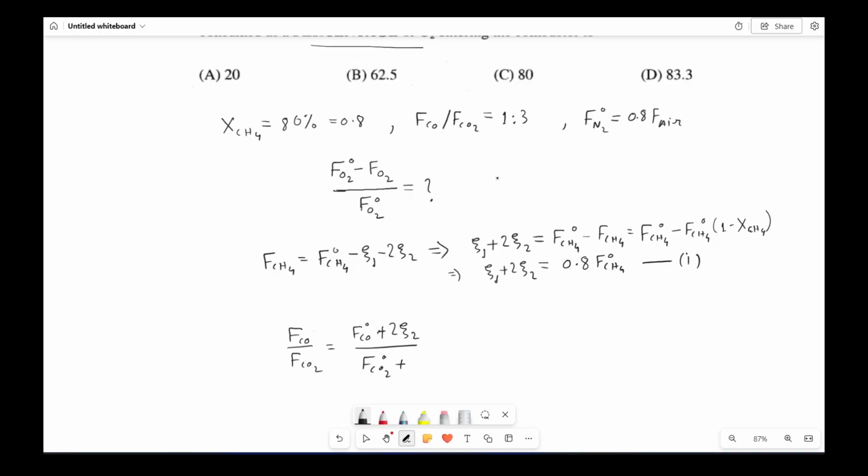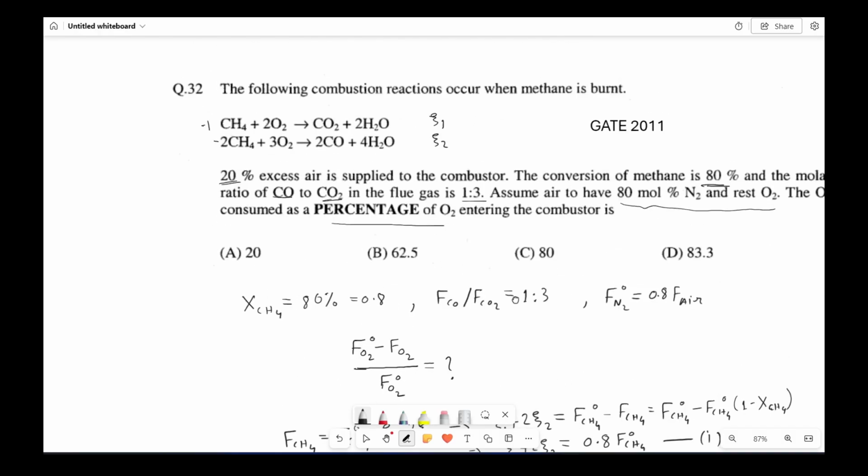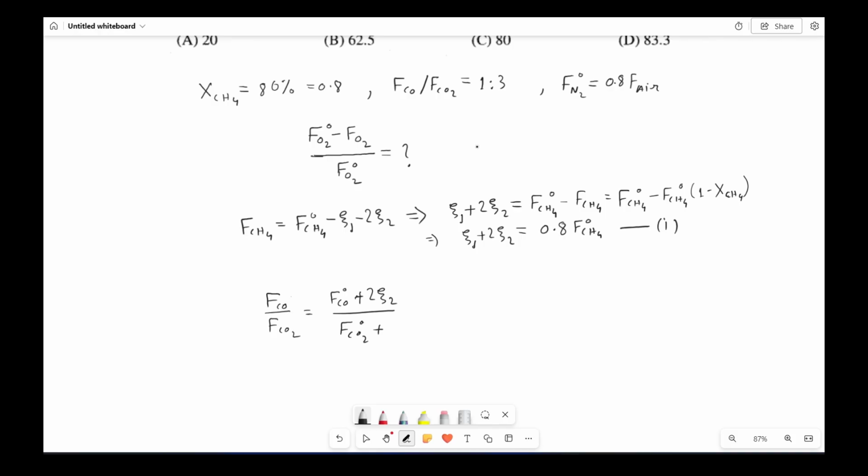CO2 is in the first reaction, whose stoichiometric coefficient is 1, zeta 1. Now if CO naught and CO2 naught both are 0, so 2 zeta 2 by zeta 1, this ratio is given as 1 to 3.